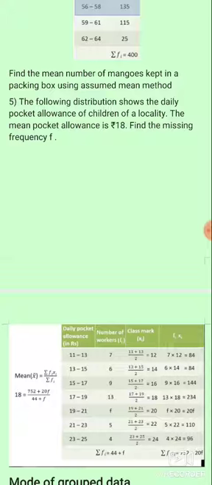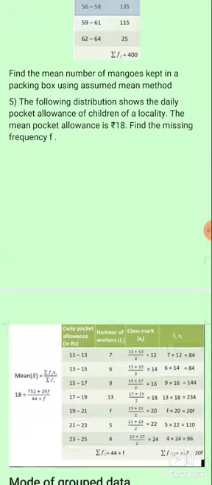Now next, the class mark you need to find out. Class mark is 11 plus 13 by 2, then 13 plus 15 by 2, and so on, up to 23 plus 25 by 2. So 12, 14, 16, 18, 20, 22 and 24 are the class marks. After that, Fi into Xi.